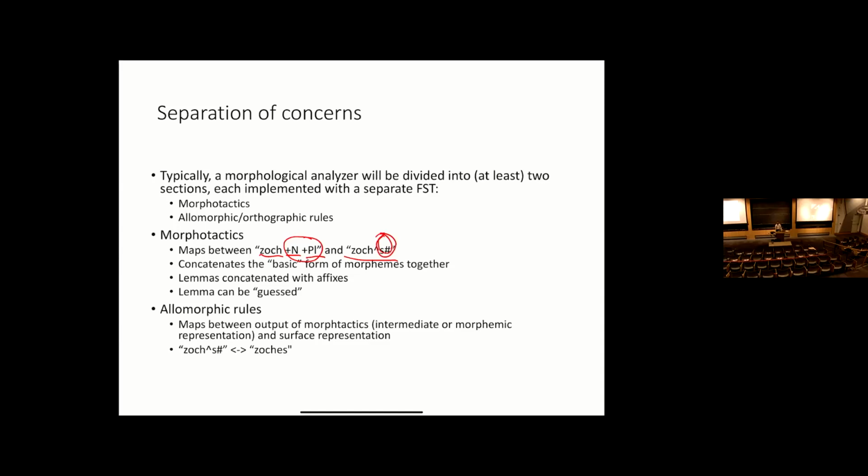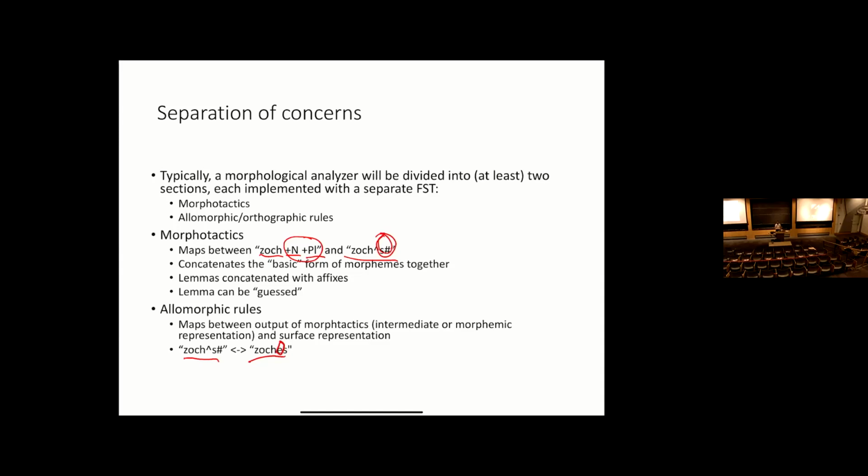Then you have the allomorphic rules that map between the output of morphotactics and surface representation. So these are the rules that map between something like zoch, morpheme boundary, S and zoches with this E here that didn't occur in the morphemic representation.